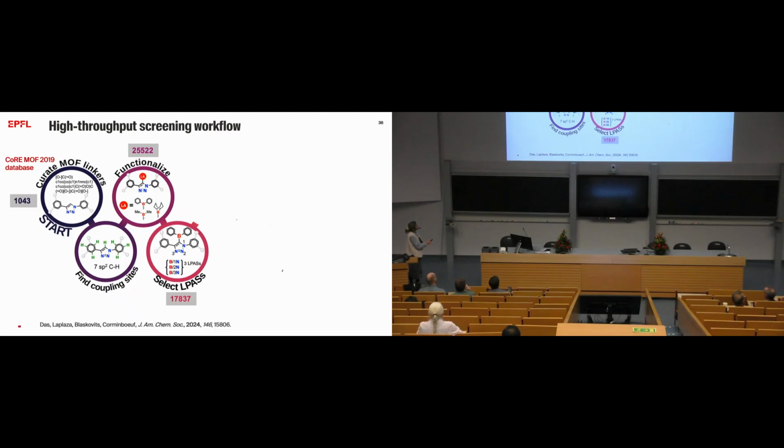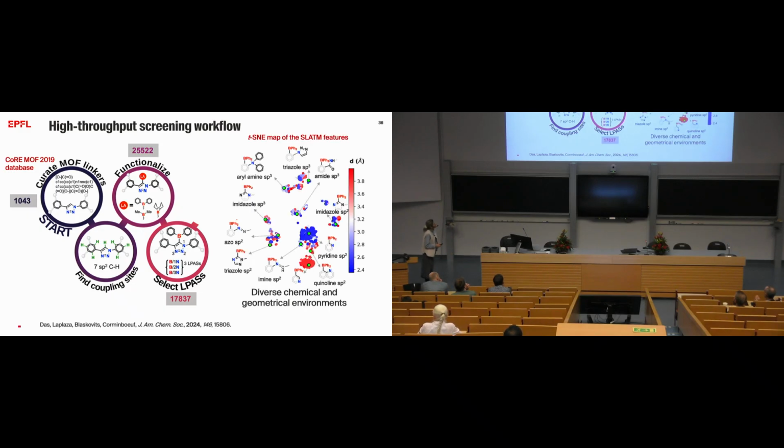We then functionalized with 3 types of acid. We then identified which ones are actually relevant, in the sense that there was no big overlap or superimposition of atoms. And this led us to quite a broad diversity in terms of chemistry and geometrical environment.